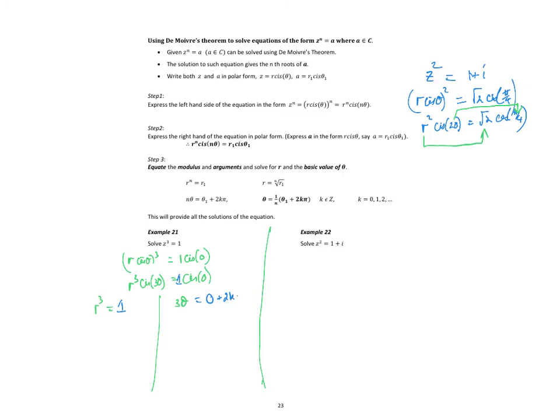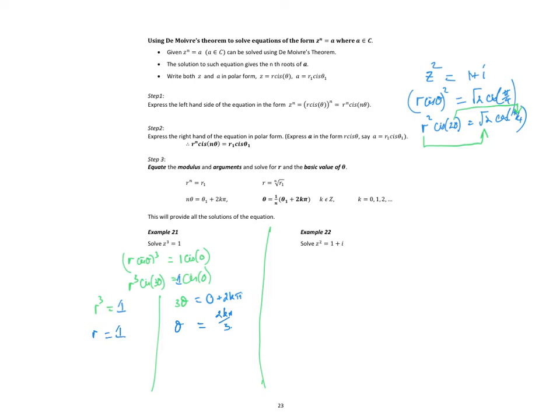plus any multiple of 2 pi. So it could be 0, could be 2 pi, could be 4 pi, could be 6 pi. There's an infinite number of solutions. In some ways it's a little bit like solving trig equations: we have to think of the general solution. So clearly r is equal to 1, and theta is equal to 2k pi on 3.